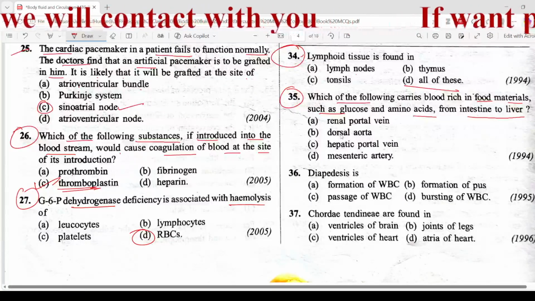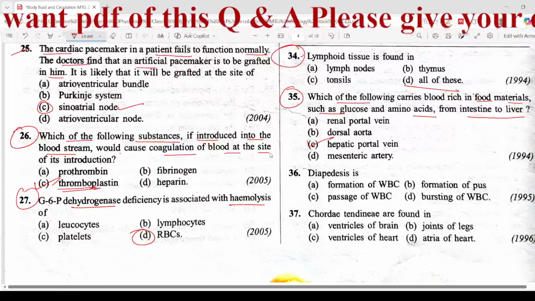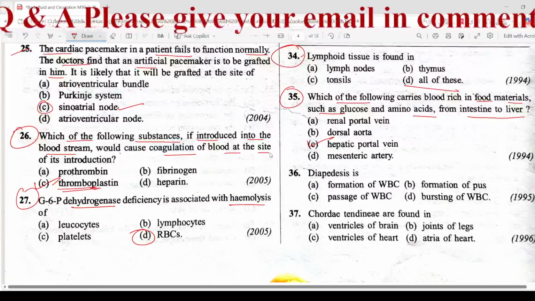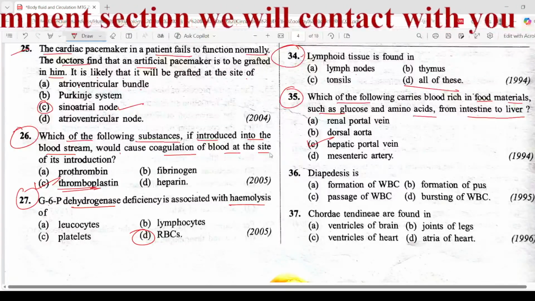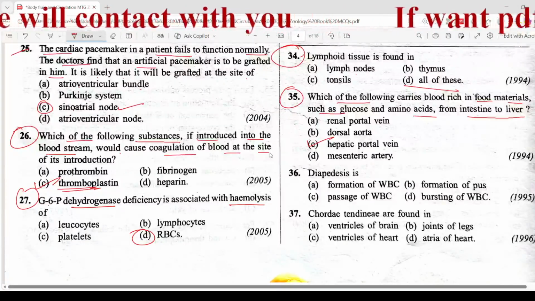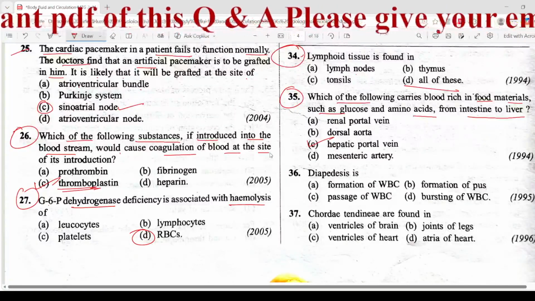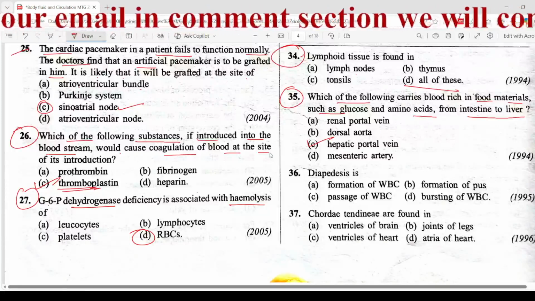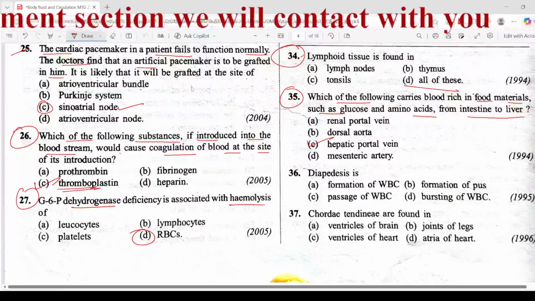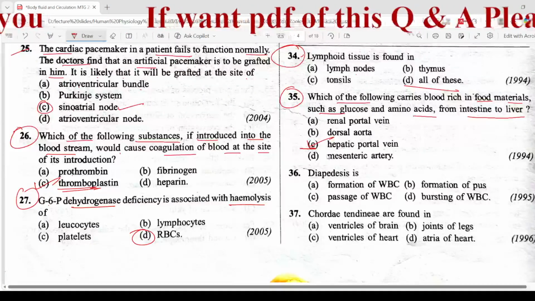So the option C will be the correct answer, because the venous pathway comprising the hepatic portal vein carries blood rich in absorbed food materials such as glucose, amino acids from digestive tract to the liver. These materials may be stored, converted or released to the general circulation via hepatic vein. So the correct answer for this question will be the option C.